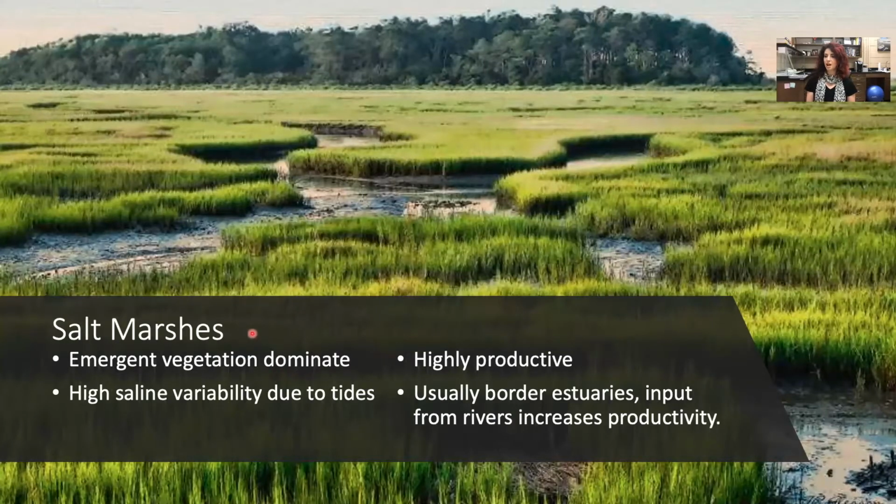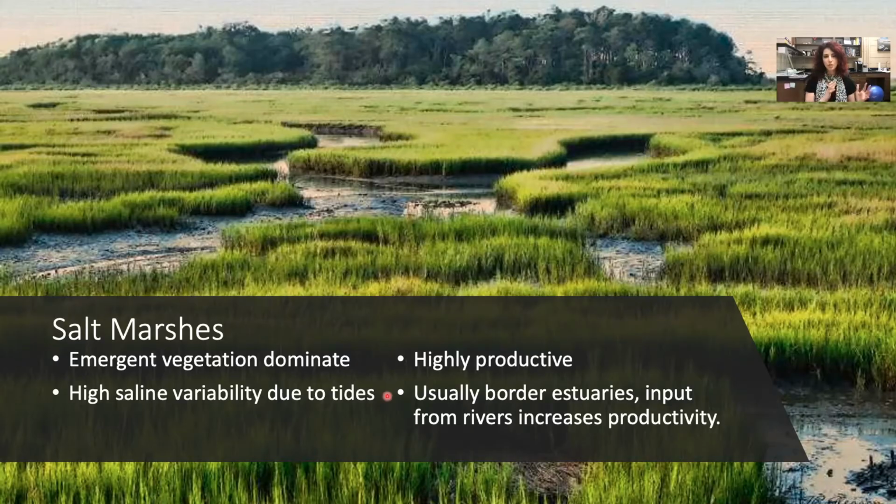Salt marshes have emergent vegetation that dominates. These experience high salinity variations due to tides, but despite that, they are still highly productive ecosystems. These salt marshes usually border estuaries, and they get input from rivers to increase their productivity.